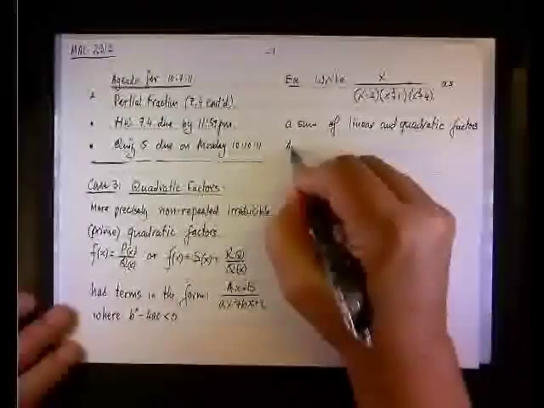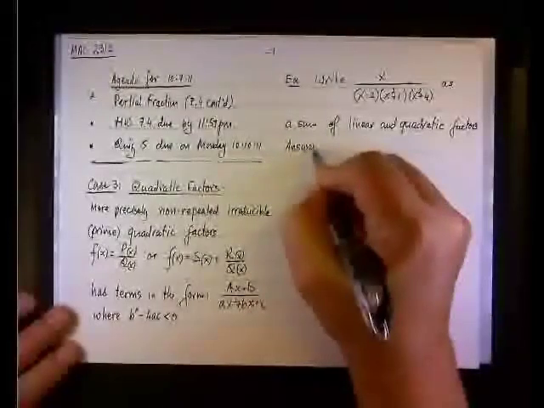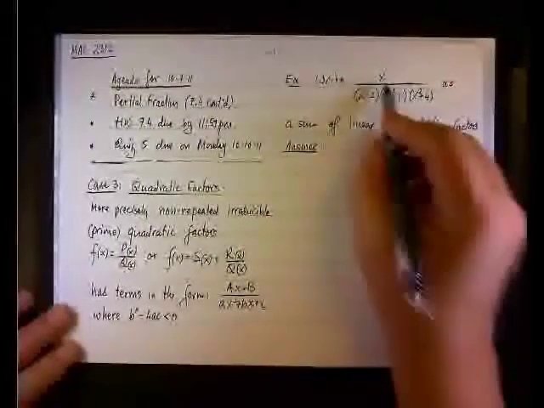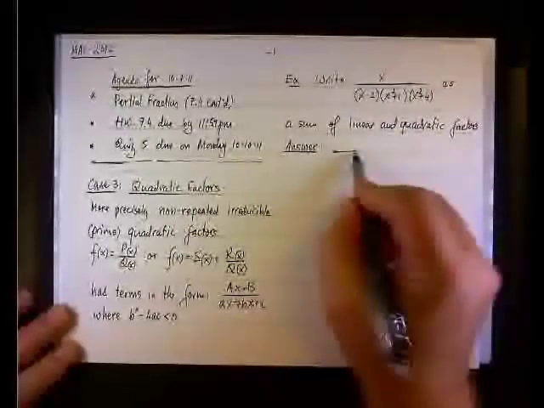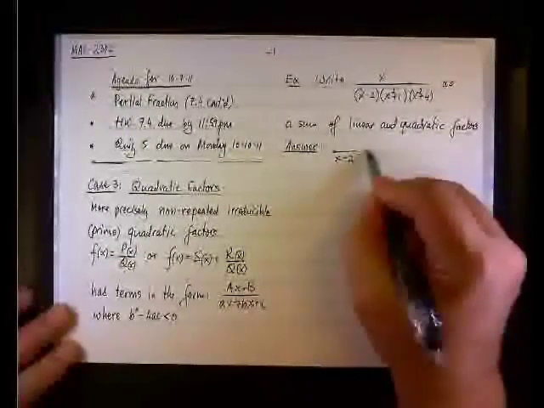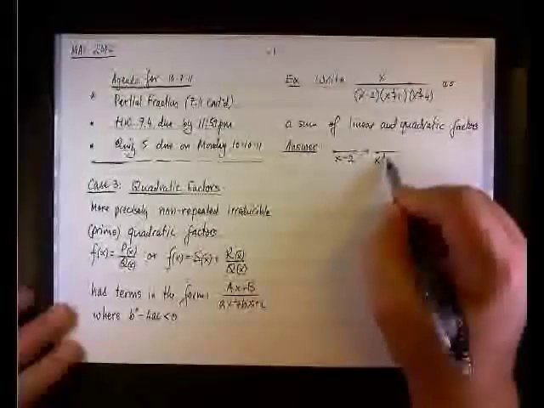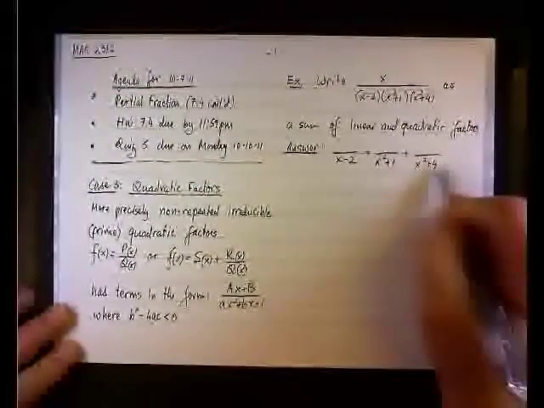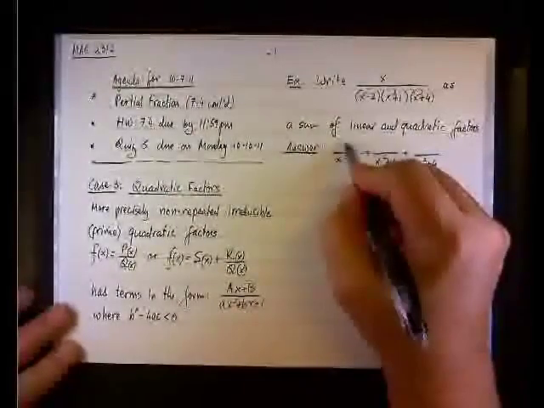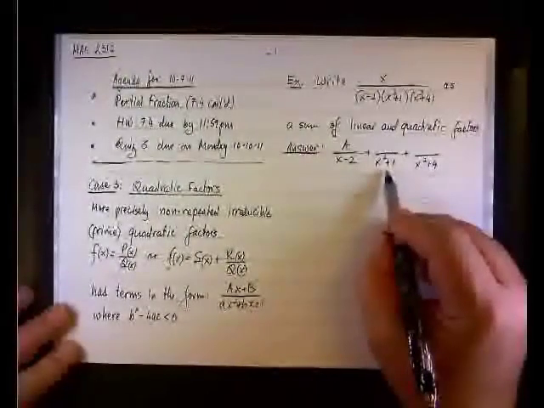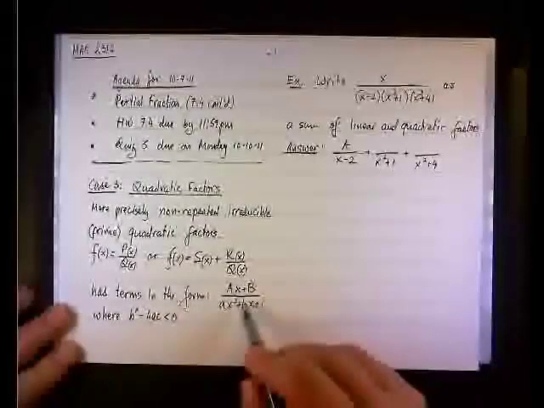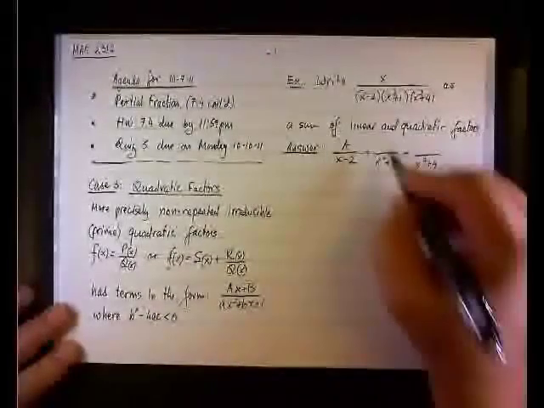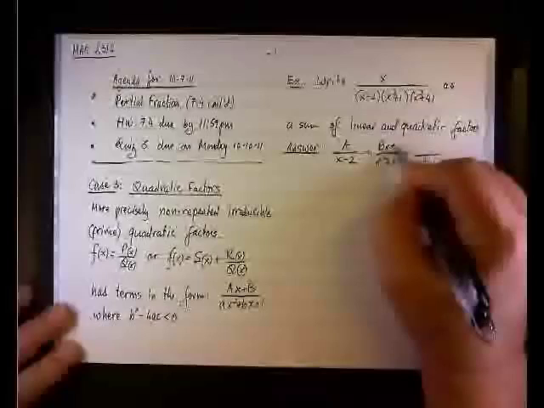So the answer simply will be, looking at the structure, something over x minus 2, something over x squared plus 1, and something else over x squared plus 4. Over the linear factor, I'll have A. Over x squared plus 1, instead of ax plus b, since I used a, I write bx plus c.